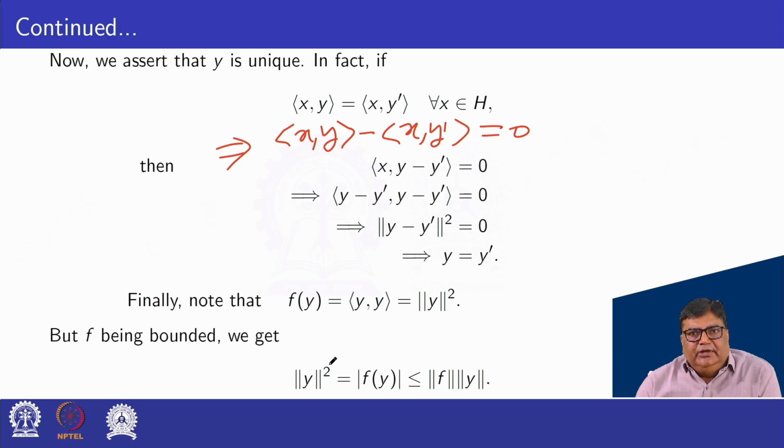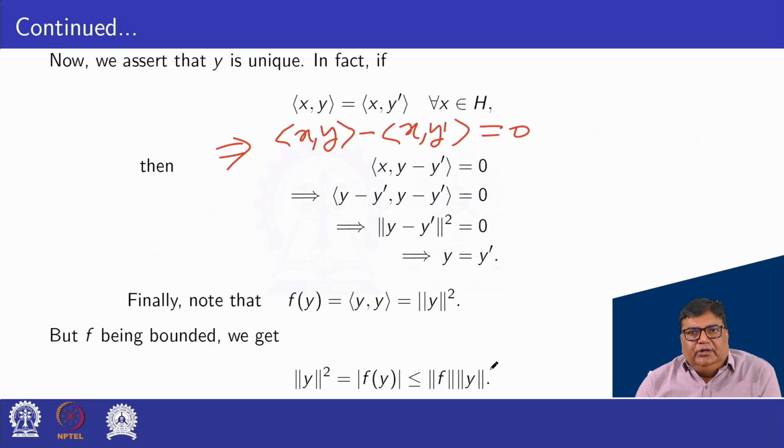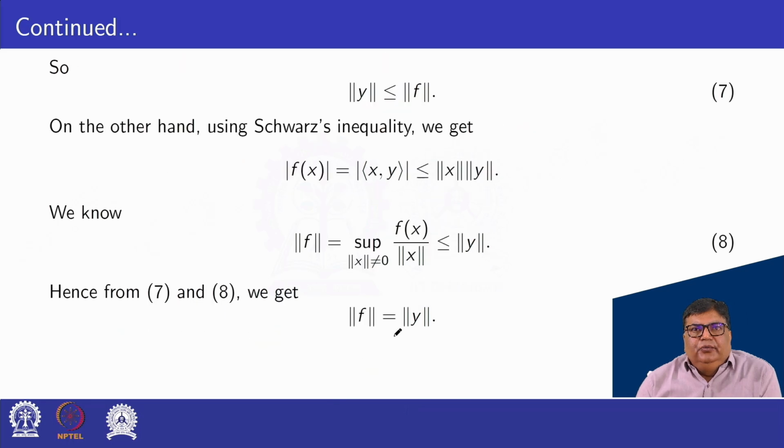By the definition of bounded linear functional, this is less or equal to norm of f into norm of y. So one norm of y is cancelled out, and we have norm y less or equal to norm of f.